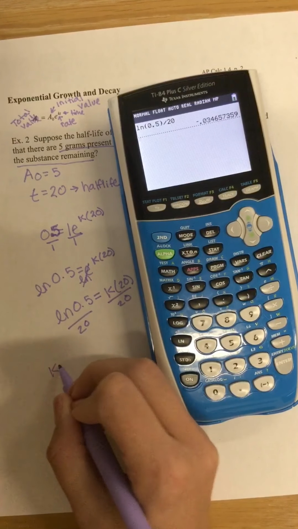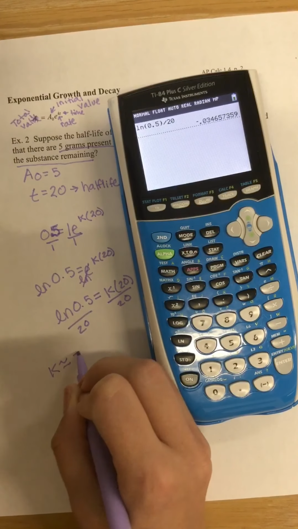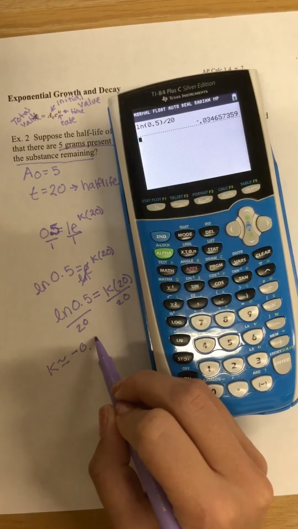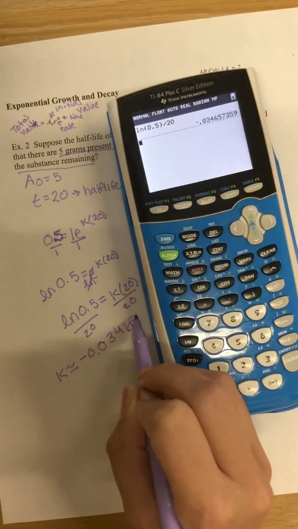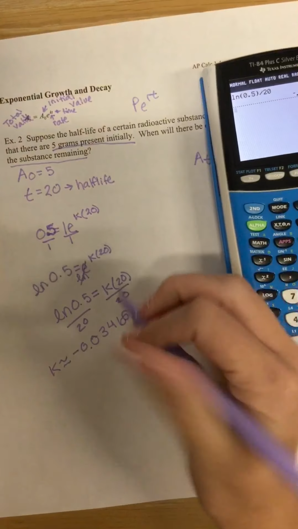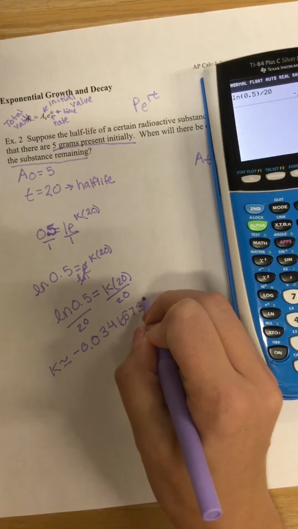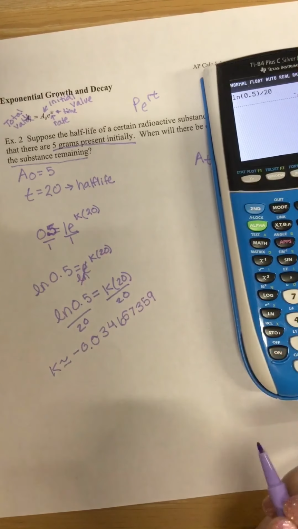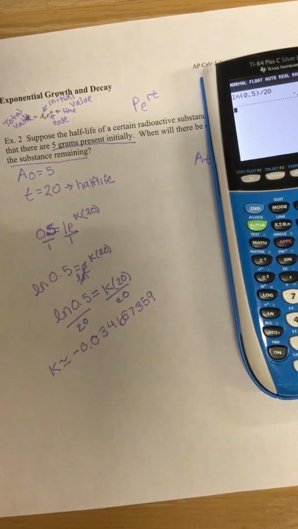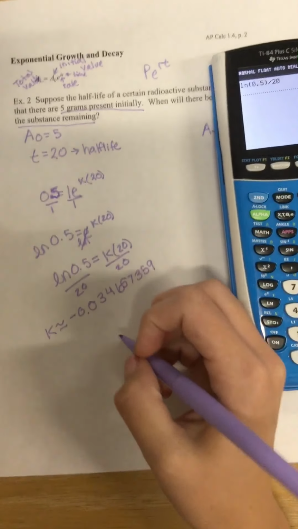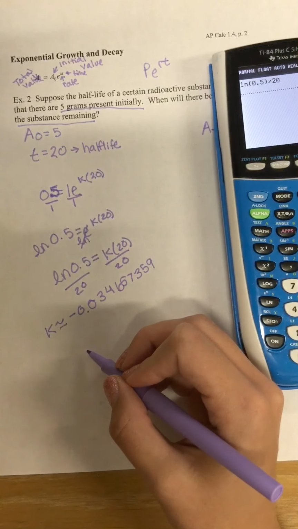So I say k is approximately negative 0.034657359. And I'm just going to want to keep that in my calculator so that I don't make any errors. But as you'll see on the AP test, you want to write your steps as you go so that the graders can see your work.